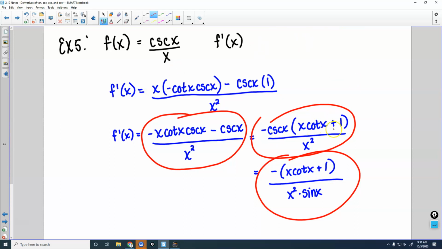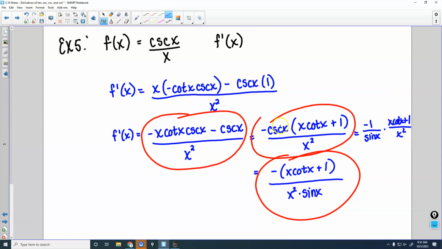Right here, this one, or this one. So this cosecant went away when we factored it out. So we just have a 1 there. Then this cosecant, I could also have written a step here. That negative cosecant x is like having negative 1 over sine x times x cotangent x plus 1, over x squared, right?